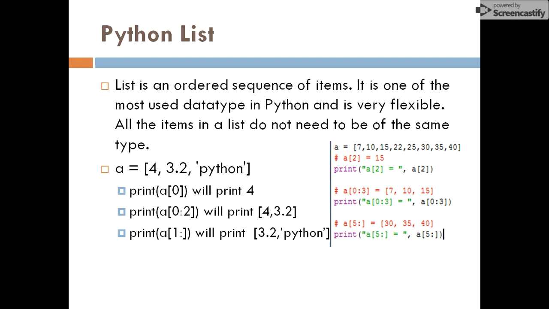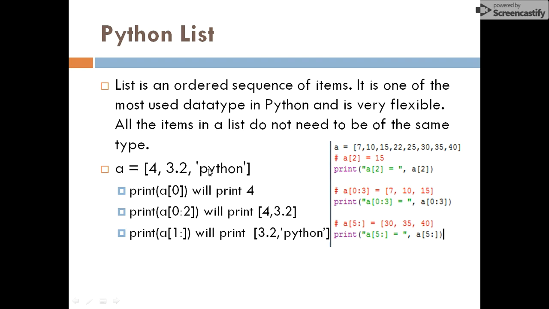By seeing this example, you can just imagine what we usually call arrays in C, C++ or Java. It is similar to an array, but in this list, you can pass all types of values like numbers, floats, and strings in a single list.